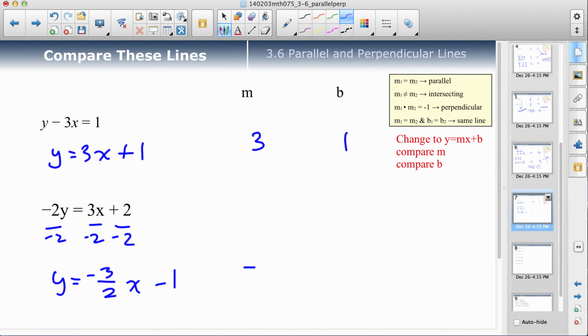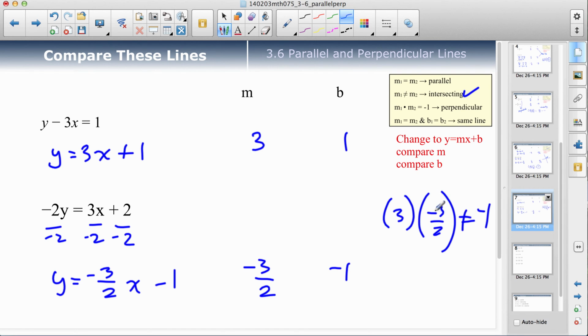Slope is negative 3/2, y-intercept's negative 1. Different slopes, got to be intersecting. Are they perpendicular? Well, 3 times negative 3 over 2, that's not going to give me negative 1, right? So they're not perpendicular. Of course, they're not parallel because the slopes aren't the same, but they are intersecting lines.